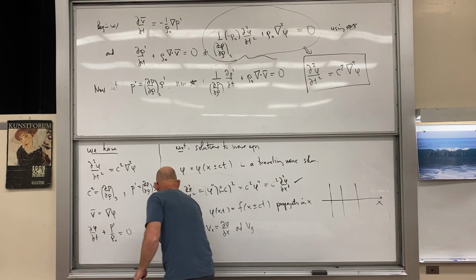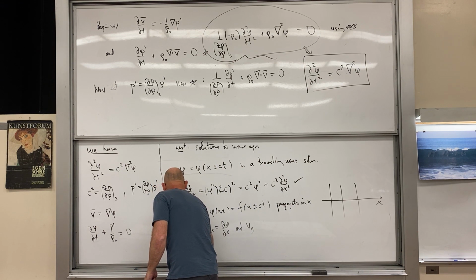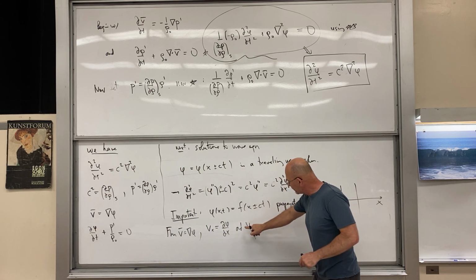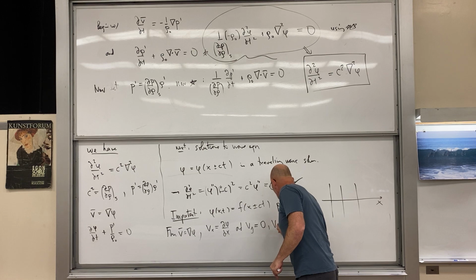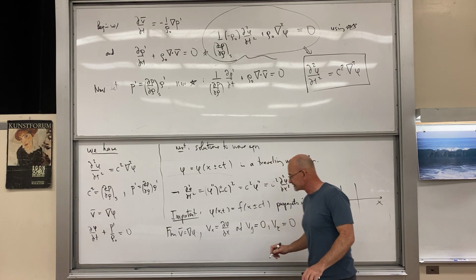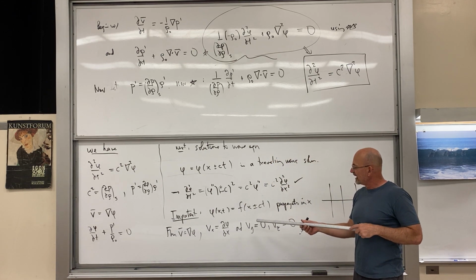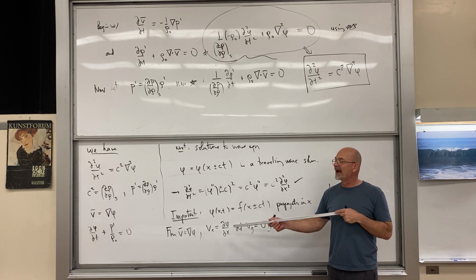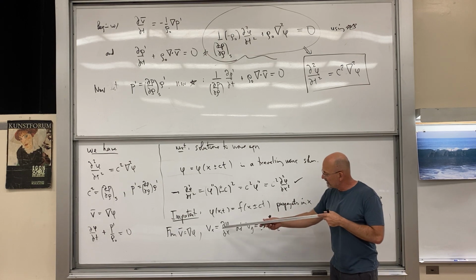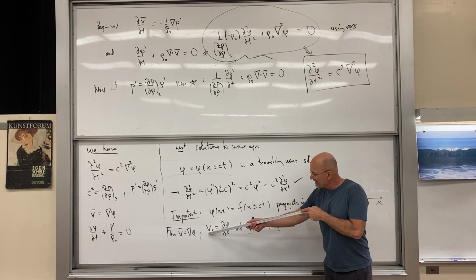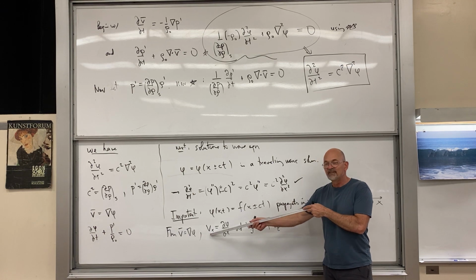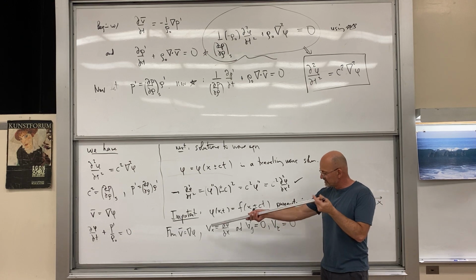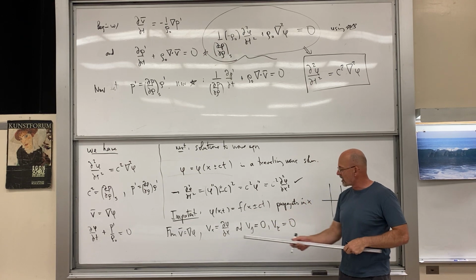So from v equals gradient of phi, we have vx equals d phi dx, vy equals 0, vz equals 0. That means that we are looking at a longitudinal wave, okay? Because the velocity field is in the direction of propagation. Or just say the vector is in the direction of propagation.